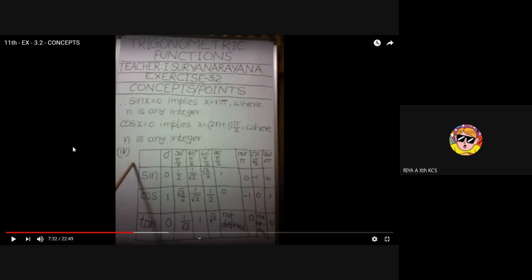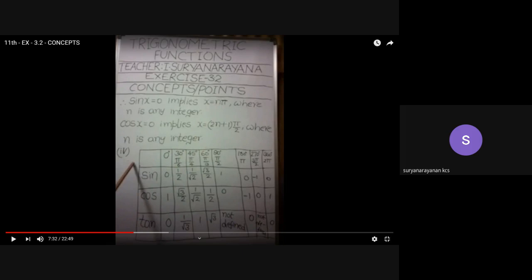Now, okay, my dear children, understood this point. Quadrant angles. What are quadrant angles? Have you understood that definition of quadrant angles? What is meant by quadrant angles?